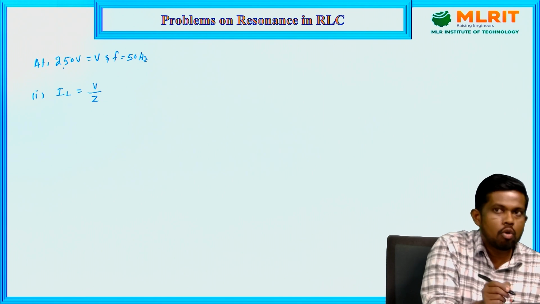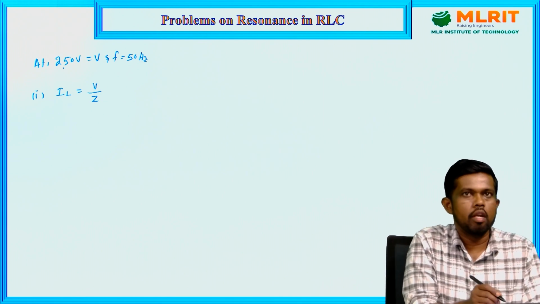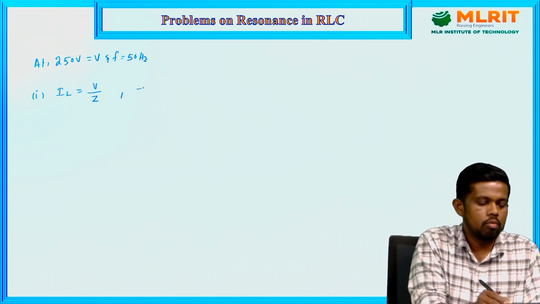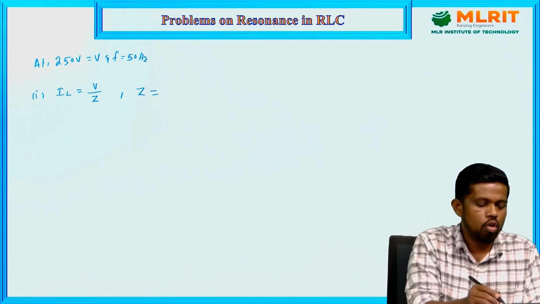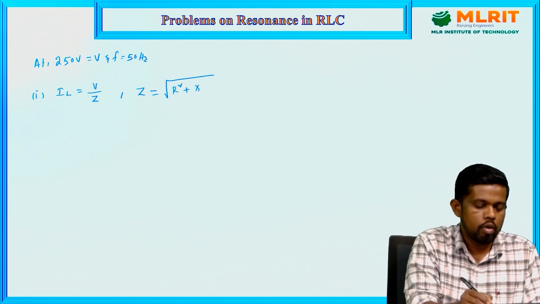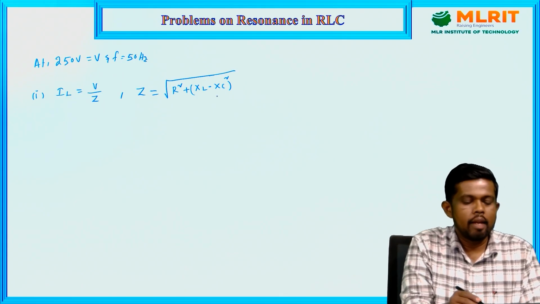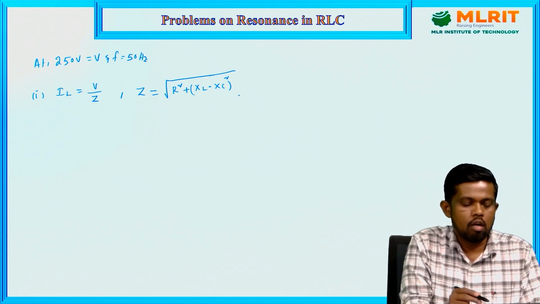V is given in the question in terms of RMS, then we need to find the Z value. Z equal to the impedance suffered by the network under this voltage condition. So it is the square root of R square plus XL minus XC whole square. Based on the domination of inductor reactance or capacitor reactance, we will consider this term.